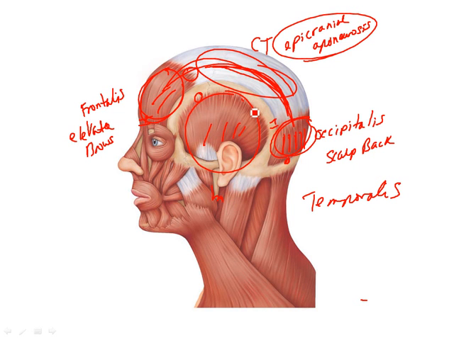When those contract, it's going to raise the mandible, so it helps you close your mouth. So it helps in chewing. Also, if you contract this, it will pull your ears up. I can do it. You can wiggle your ears using your temporalis muscle.